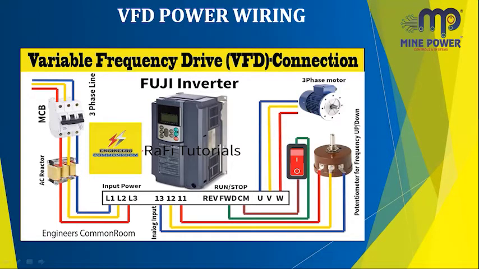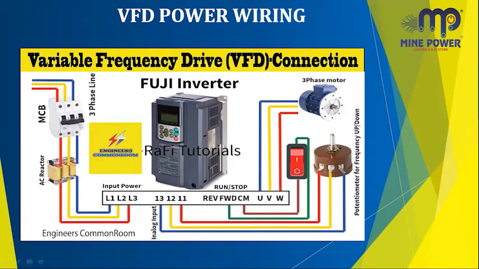In between, you see 13, 12, 11, it's connected to the potentiometer. What is called a potentiometer means with the potentiometer we can control the speed of the motor by varying the frequency. It is used to adjust the speed of the motor. It's a 3-wire system.